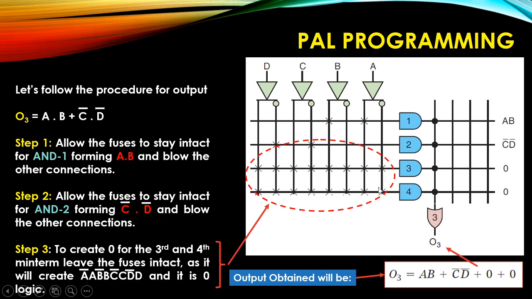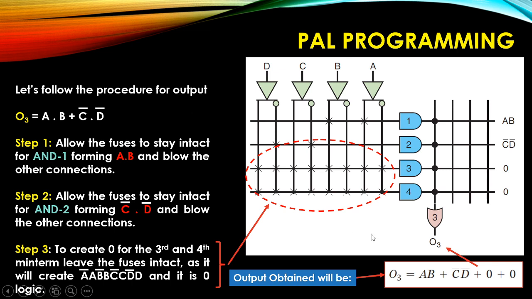What it will create at the input is A bar dot A, B bar dot B, C bar dot C, and D bar dot D. So any one of the inputs of the AND gate will definitely be 0. If any one input of an AND gate is 0, then the output will definitely be 0.